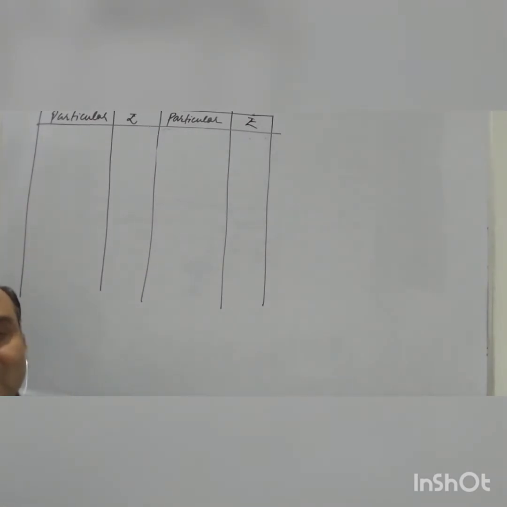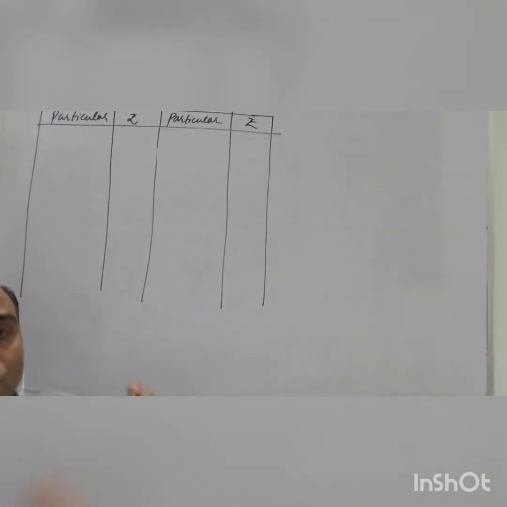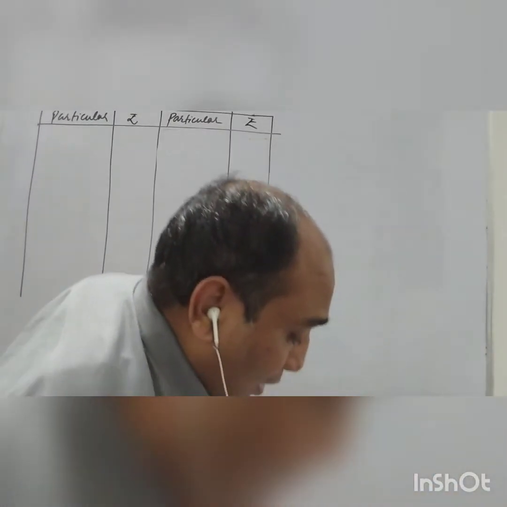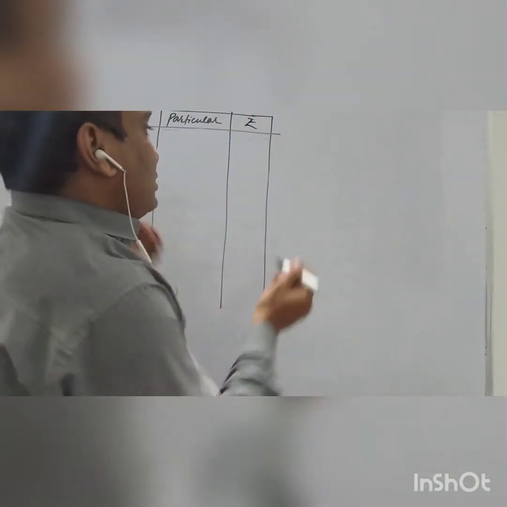Land is our asset, but in the balance sheet the land value is 5 lakh. Now the value has become 7 lakh rupees, so our land is increasing by 2 lakh. We will pass the journal entry first.